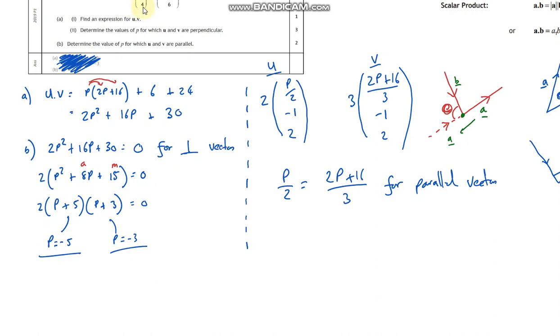I'm timesing by 3 and I'm timesing by 2. It's effectively cross multiplying, I'm moving the 2 up here and I'm moving the 3 up to the other side. So I'm going to end up with 3p, which is equal to, if I times outside by 2, 4p plus 32. And take my p's to one side, so I get negative p is equal to 32. Oh, sorry, we'll leave it like that, that's not very good. Times everything by negative 1, so p is equal to negative 32.